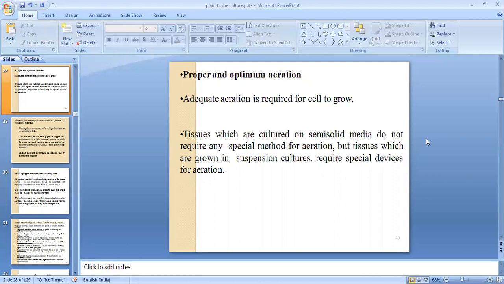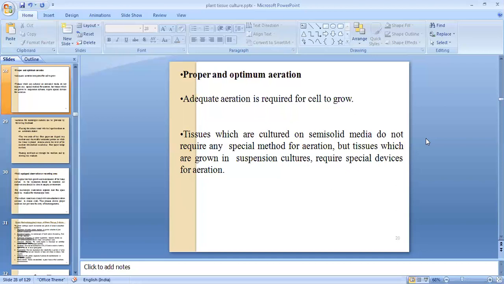So wherever the aeration is required, we have to provide the optimum aeration. If the cells are cultured on the semi-solid media, they do not require any kind of aeration. Why? Because the cells are present on the surface of the semi-solid media where aeration will be there.